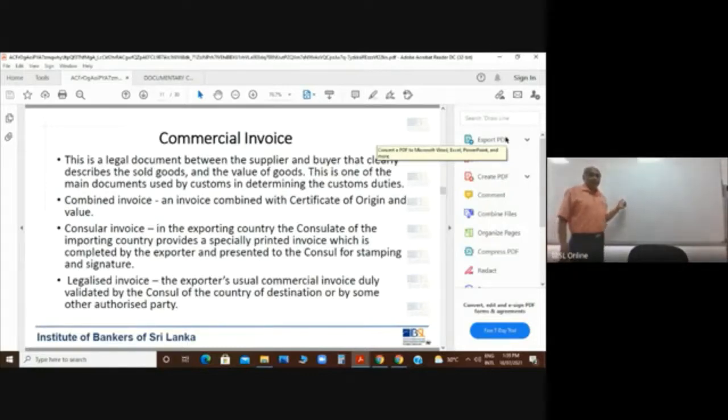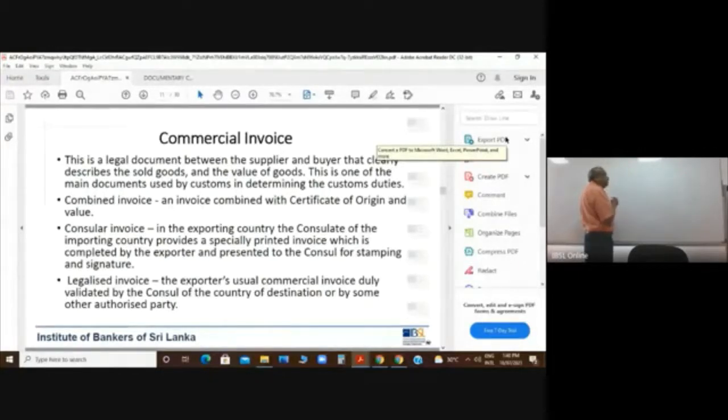Then, the legalized invoice. A legalized invoice is the exporter's usual commercial invoice, but it is duly validated by the consul of the country of destination. For example, when I was working in Dubai, I saw this very often.